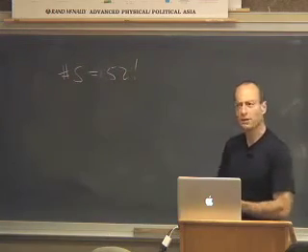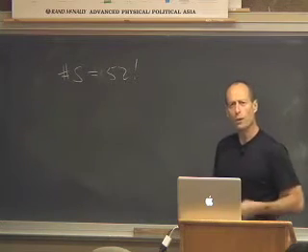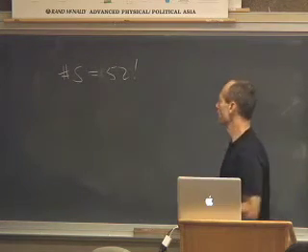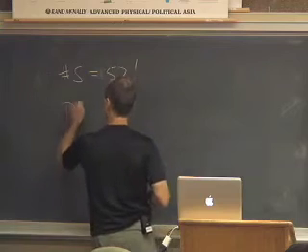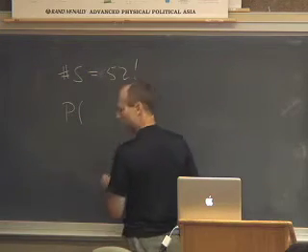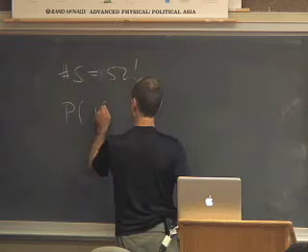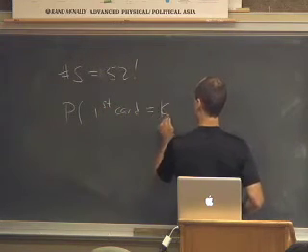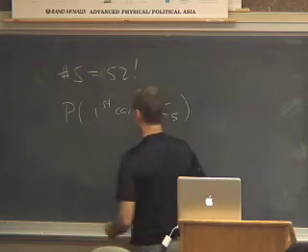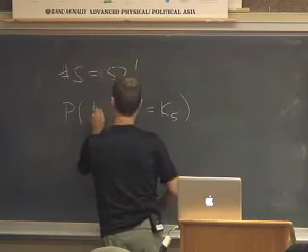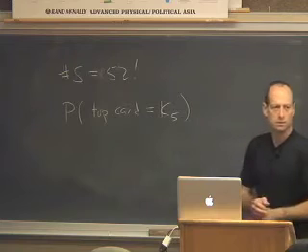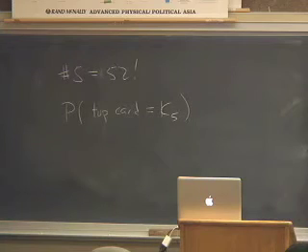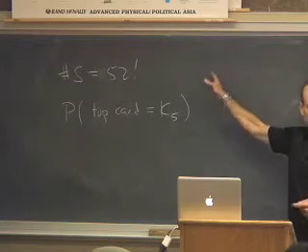And so what would be, for the sake of argument, the probability that the first card is the king of spades, the top card? For the uniform distribution on shuffling.